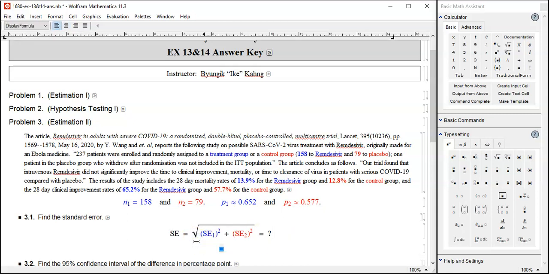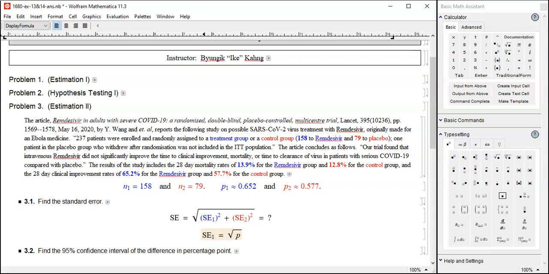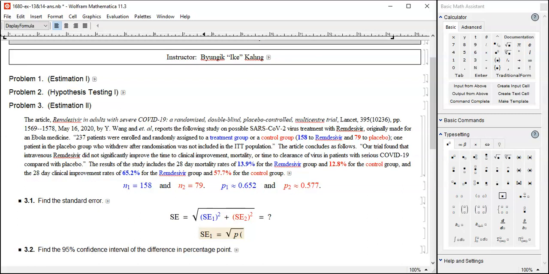What is SE1? Square root of P times 1 minus P over N, isn't it?